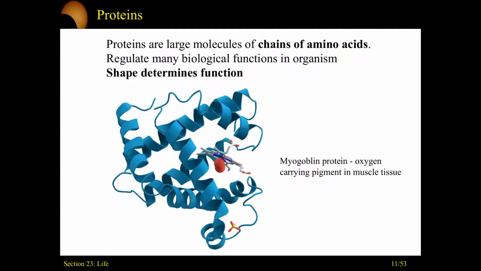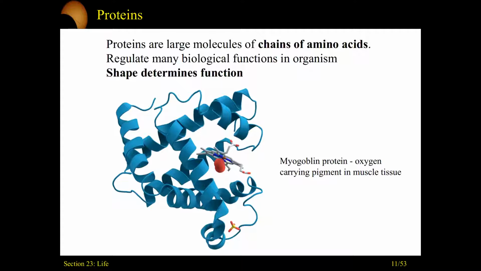Just like when we were talking about the shapes of carbon having different properties, the shape of a protein determines its function. Shape is absolutely essential in understanding what these things do. What we have pictured here is myoglobin protein, and basically it's the oxygen-carrying pigment.